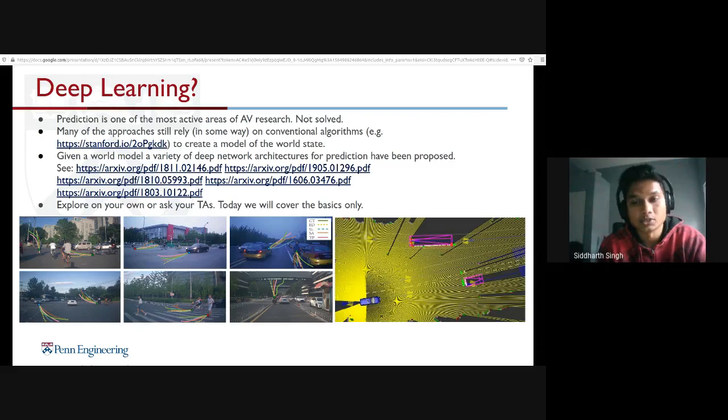And in that process, also perform pose estimation and or prediction, right? So deep learning is something that you should look at, but it's not the only thing that might work, right? So these approaches we will not be covering a lot, because we will try to keep it simple, so that it can be covered in class, and it is an ongoing research problem. So if you want to look into it, we can talk on the side or approach it differently.